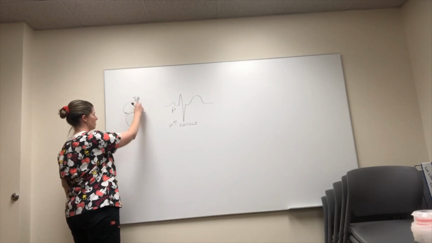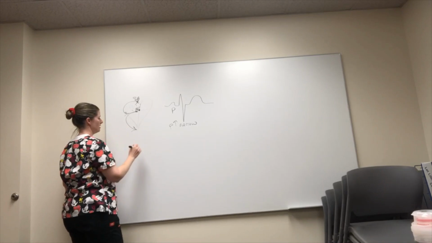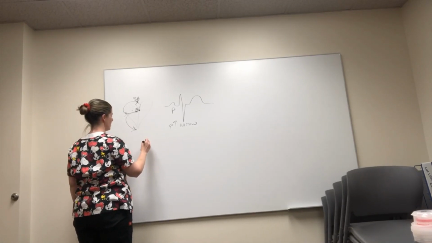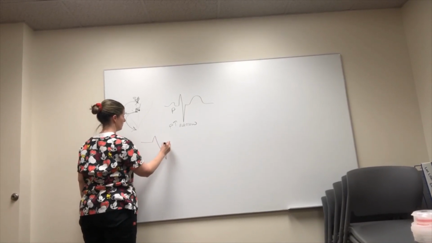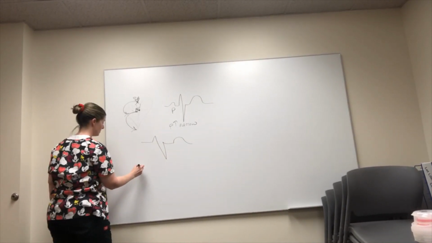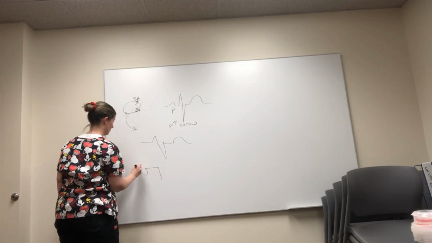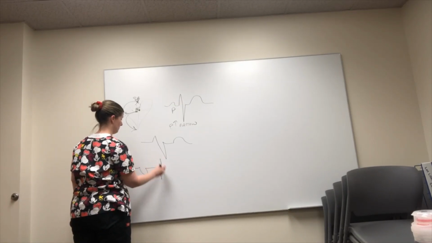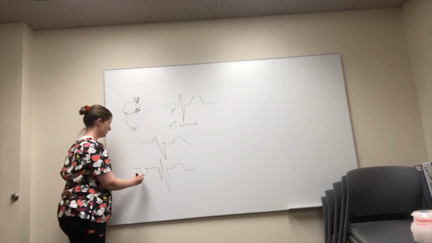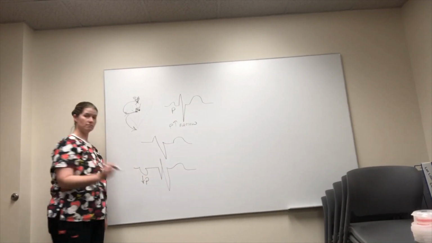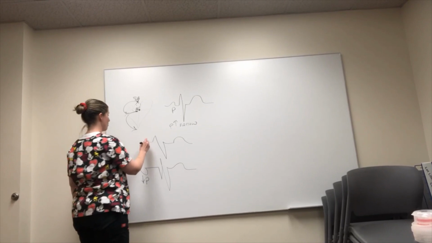It could be anywhere in between, and you're going to have either no P wave, or an inverted P wave. So that's the key right there: the P wave goes downward, or there isn't one.